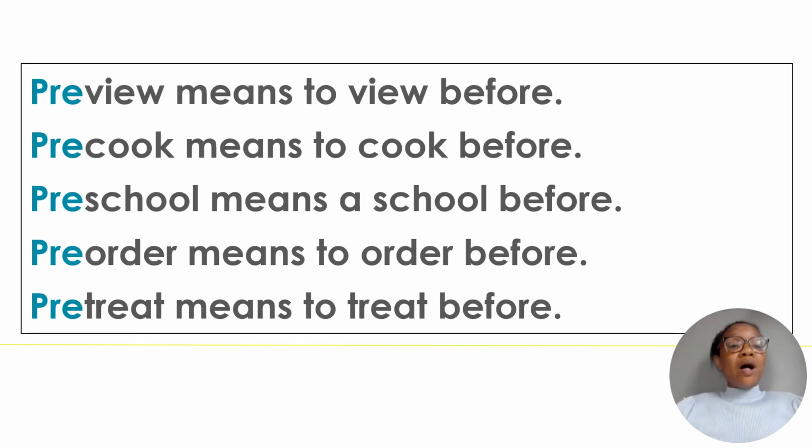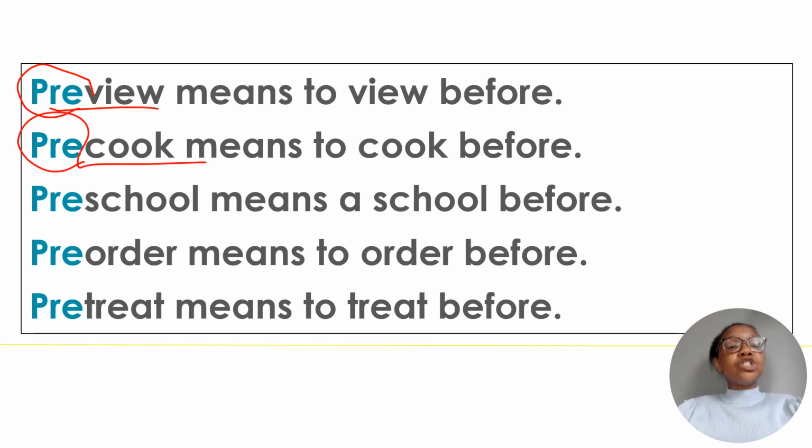Hello, Smarties. So you just took a few minutes to write down the meaning of the words that I gave you in your lexicon notebooks. Well, here are the words and their meaning. Preview means to view before.